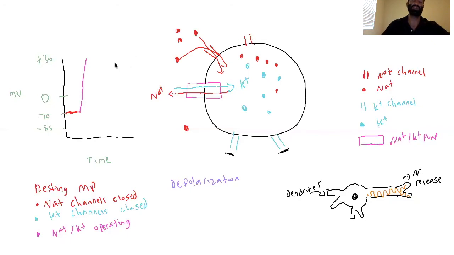As soon as it gets to +30 millivolts, that electrical impulse is propagated down the axon like this. Once it's generated, it's off to the races. But we don't want it to go above +30 millivolts, but we'll get to that in a second. Let's just finish our flow chart. So this time, Na+ channels open.